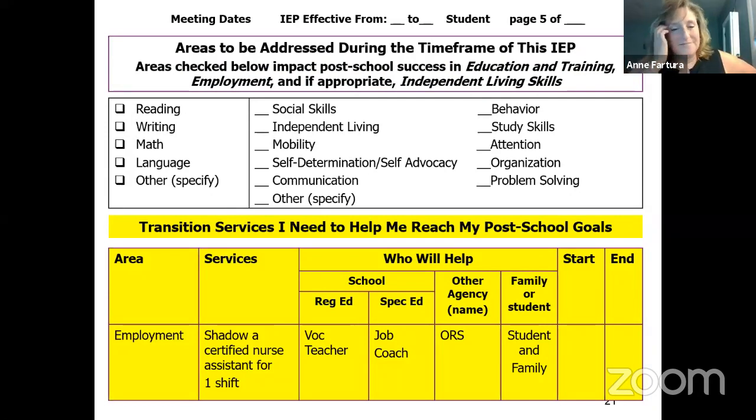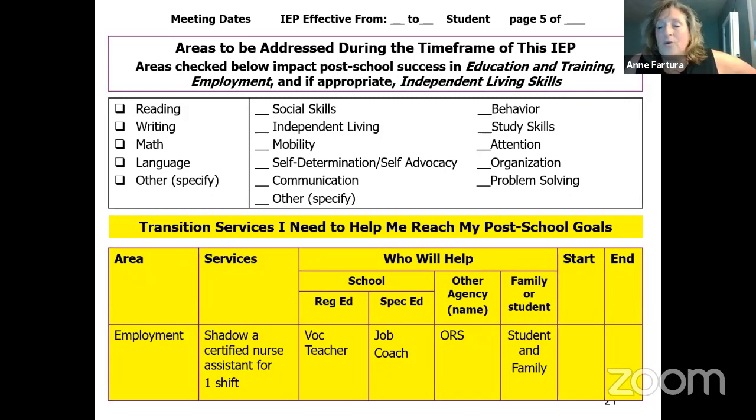Transition services. So this is important as far as it pertains to, we talked about goals, we talk about areas of need. Now, sometimes what we need to do is put some activities beyond just instruction. So transition services are coordinated activities that align with goals and needs. So what we do here is we want to take into account their strengths, preferences, and interests.